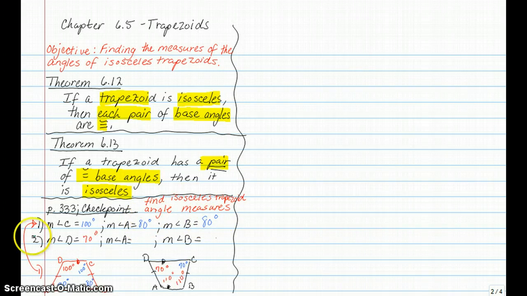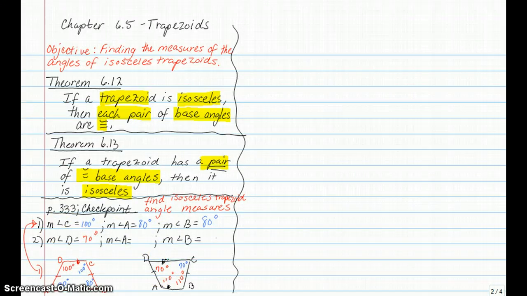In number 2, your picture's down here. Your isosceles trapezoid is ABCD. Base AB is parallel to base CD. You're given a 70-degree angle for base angle C. So you know that the measure of angle D is also 70 degrees.